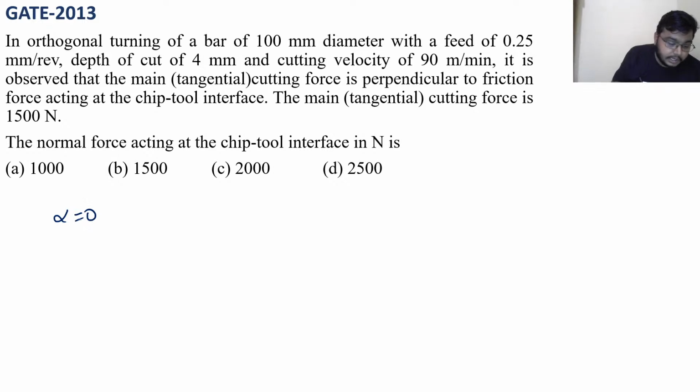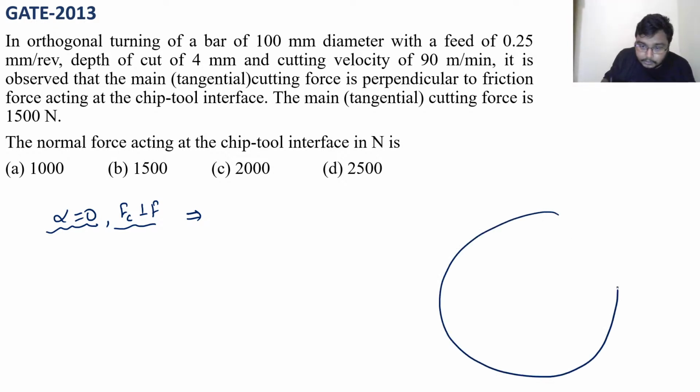Alpha is 0, right? So when alpha is 0 and Fc is perpendicular to F, let me draw the Merchant circle diagram. This is the Merchant circle diagram.